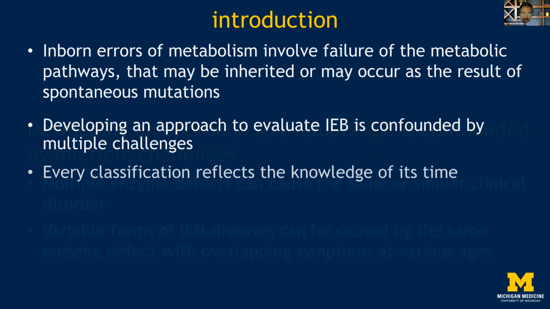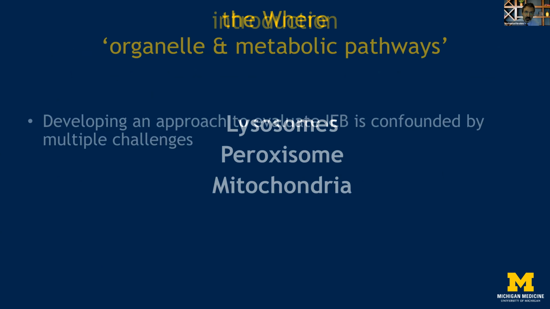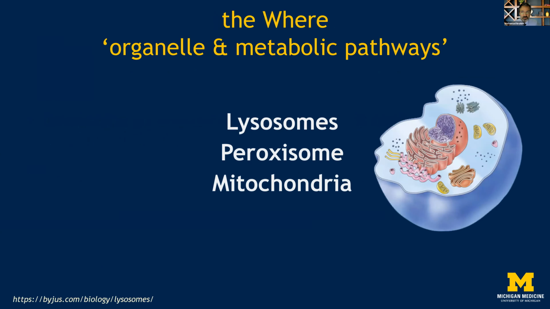Having a classification system reflects the knowledge of its time, and this is always an evolving process. So one of the ways to approach these disorders is by looking at where the process of pathophysiology occurs. These disorders can involve different structures in the cells, that is the lysosomes, the peroxisomes, or the mitochondria, resulting in abnormal accumulation of different substances.